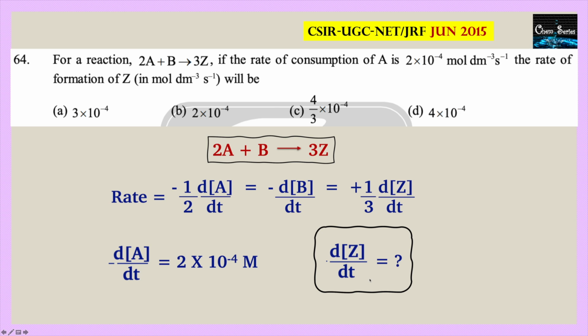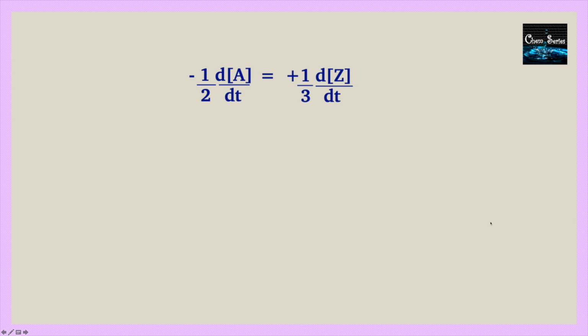For that, just take minus 1 by 2 dA by dt, equate that term to plus 1 by 3 dZ by dt, and then multiply by 3 on that side to get dZ by dt. I hope you understand what I am telling. Now we will work it out.